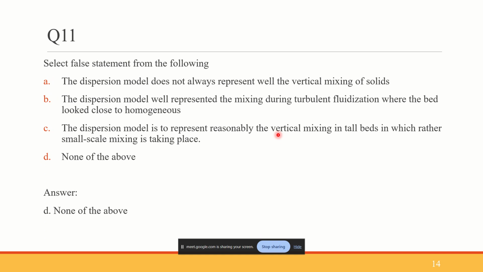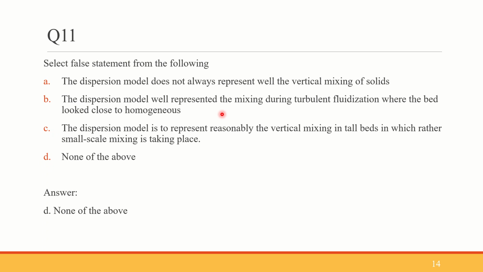So now we are clear, I guess, if we think in that fashion. The dispersion model does not always represent well the vertical mixing of solids. That is true, because it is not always used to denote the vertical mixing.